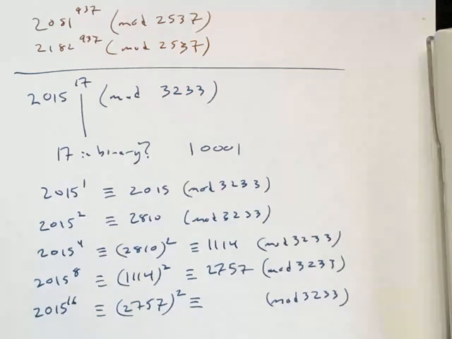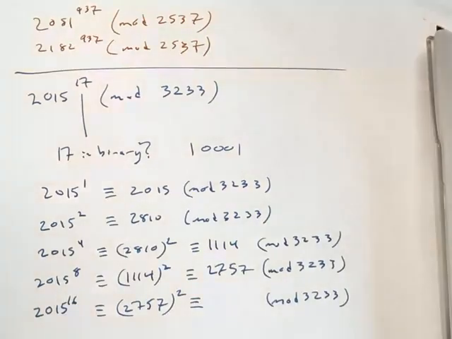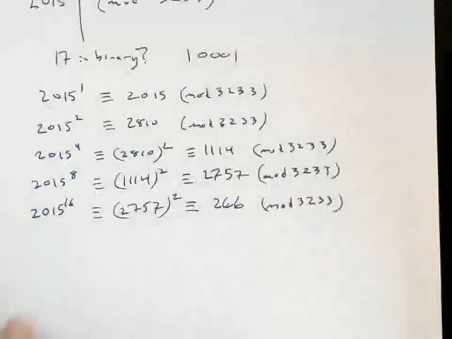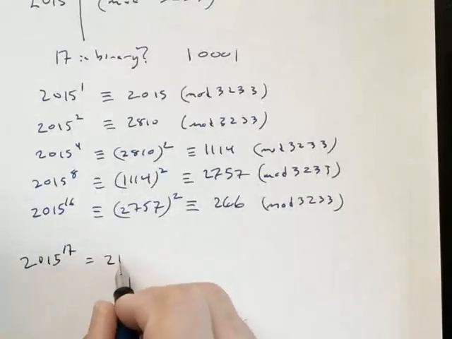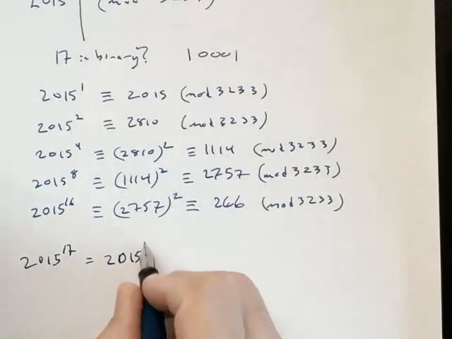Which means to do the calculation I want, 2015 to the 17th is 2015 to the 16 and 1. That's 2015 to the 16th times 2015 to the 1st.